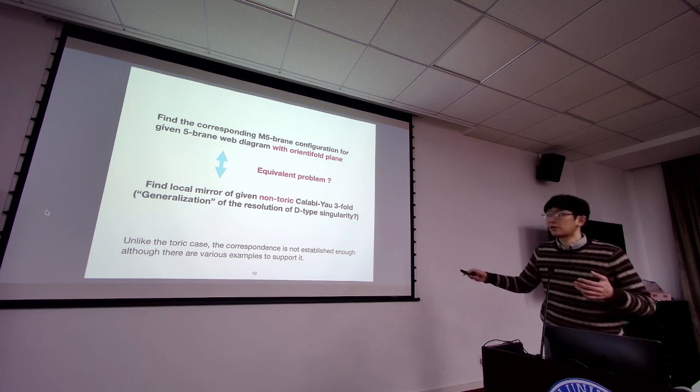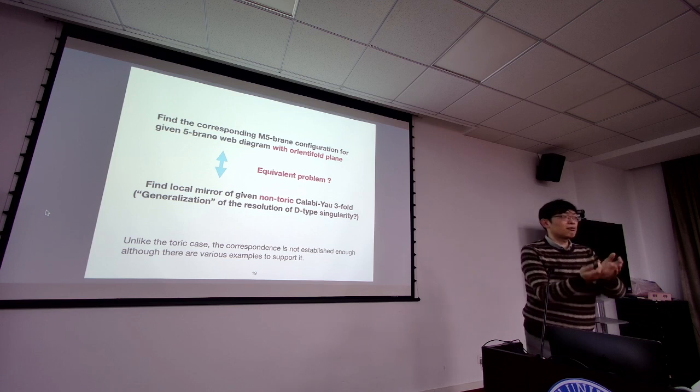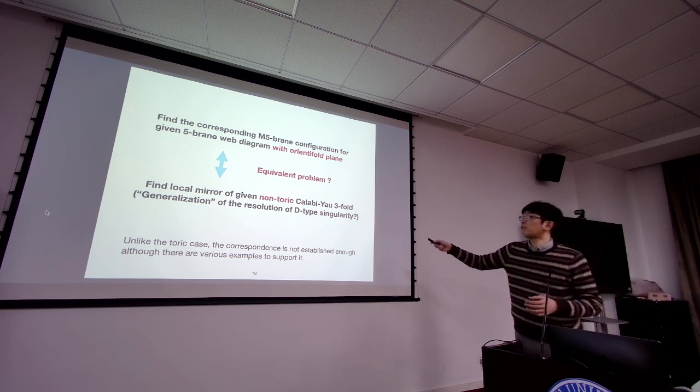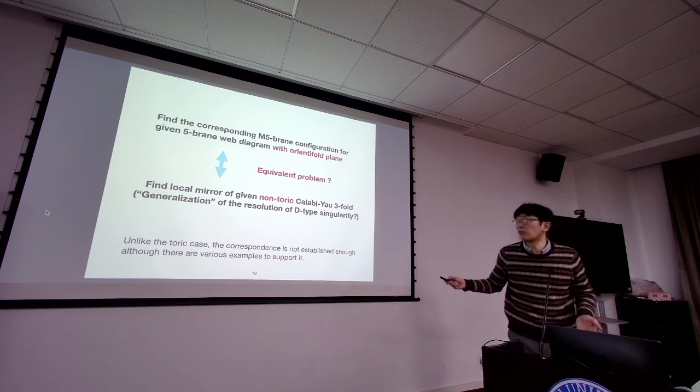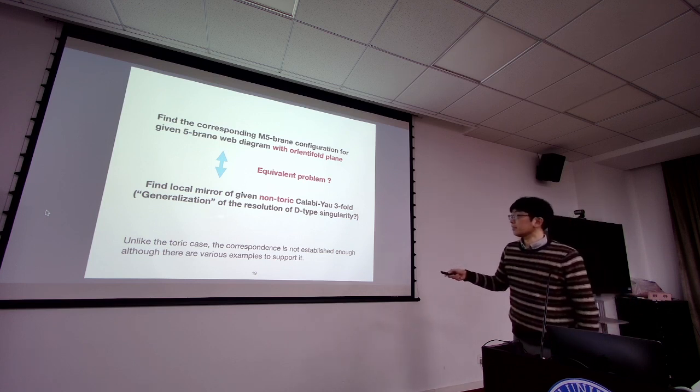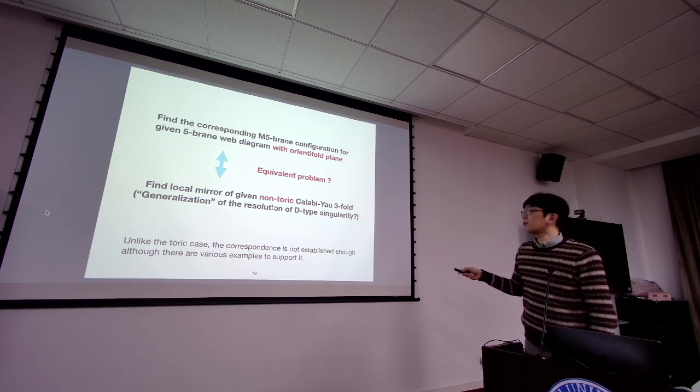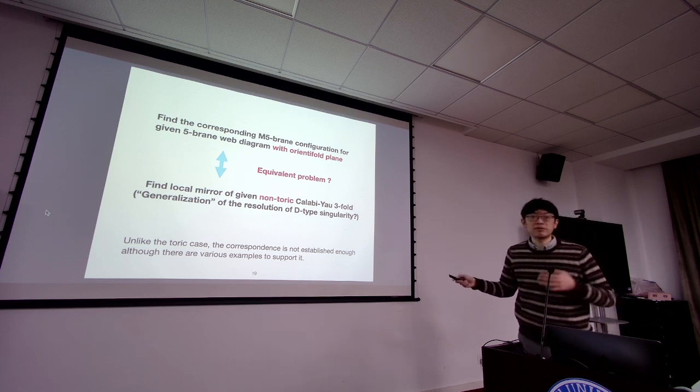Why I said non-toric is because I believe that the corresponding geometry for fibrin web with orientifold corresponds to a Calabi-Yau threefold, which is not toric anymore. And what is this geometry?